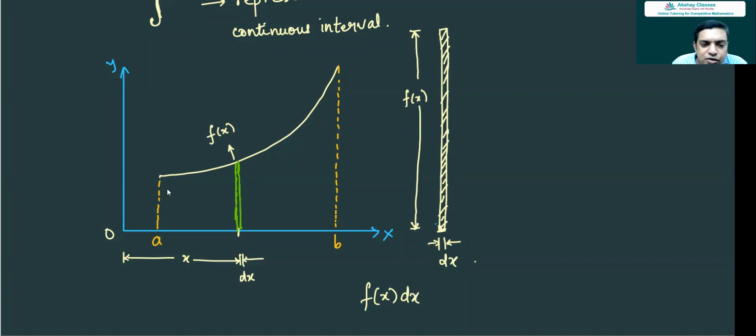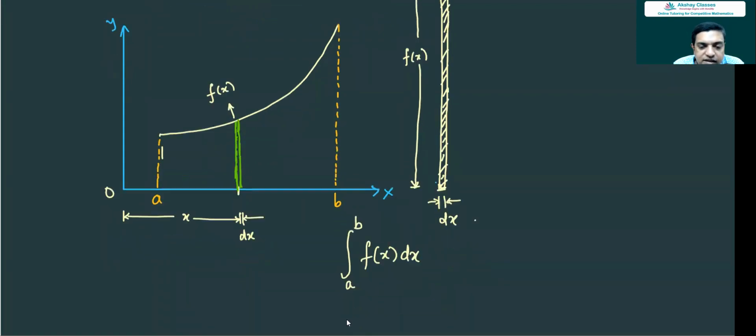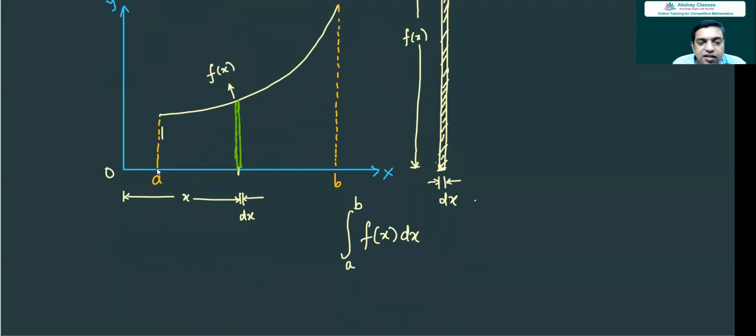Now the summation of all such strips from this point A, x equal to A to B, all such infinite strips continuously, if I sum it up, I get this area under the curve. So that summation is represented by this integral sign, and A to B are the limits, the lower limit and the upper limit.